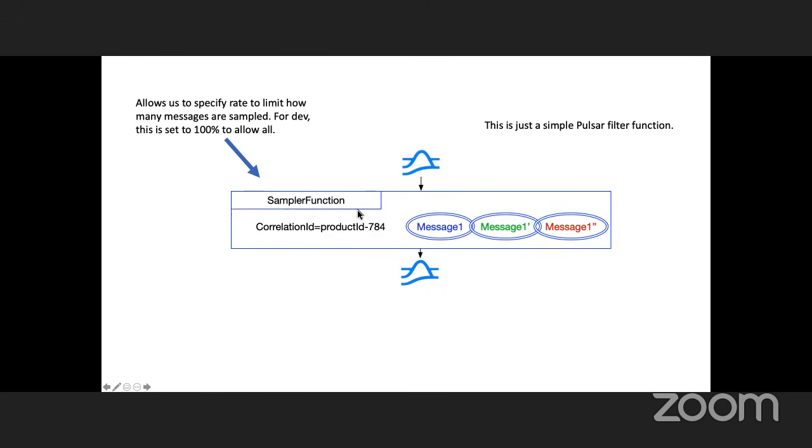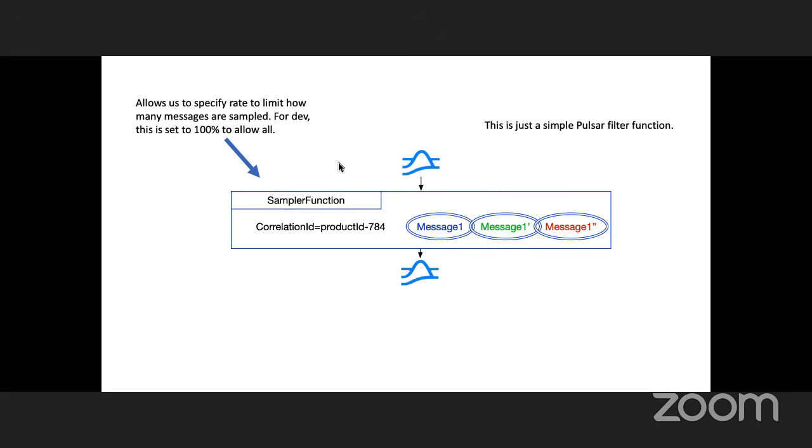And then we have the sampler. For dev use cases where you're sending test messages to the pipeline, you're probably going to want your sampler to not filter anything out, so it would just be a pass through at that point. But in production, if you're capturing 100% of messages passing through your pipeline, you're going to get a lot of storage volume that you're going to have to deal with, especially if you have a lot of high velocity topics.